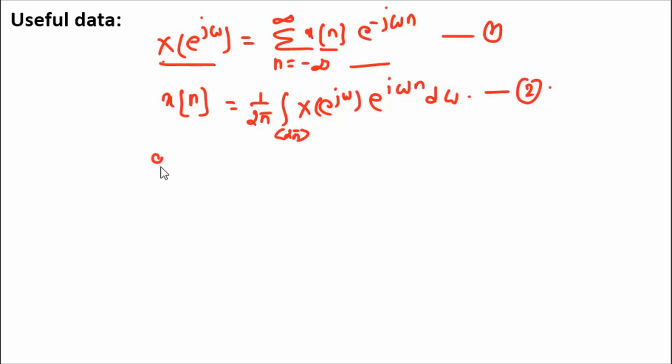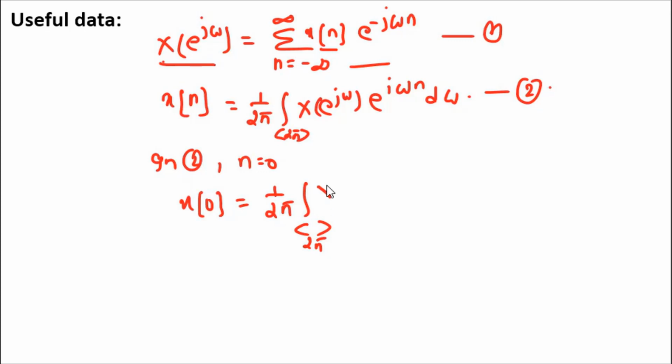In the second, if you put n equal to 0, then you will get the x of 0 value, which is equal to 1 over 2 pi integration over a 2 pi limit of x of e j omega, and when you put n equal to 0, e to the power j omega n becomes 1, and similarly d omega. So the x of 0 value can be found by integrating x of e j omega from minus pi to pi.